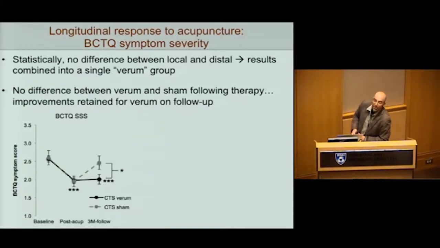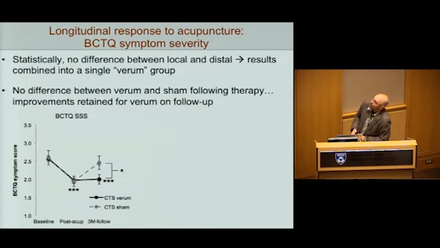So coming back to the results in response to acupuncture in our larger follow-up study, what we found was, first of all, there was no difference between distal and local Verum acupuncture, so we grouped those together into a CTS Verum group for this BCTQ symptom severity outcome.